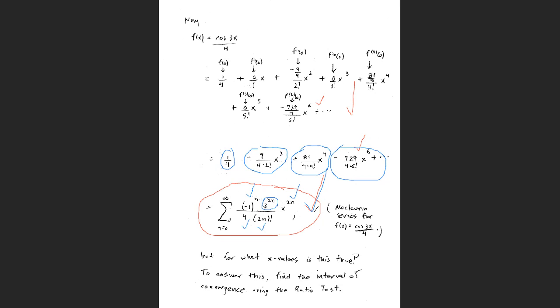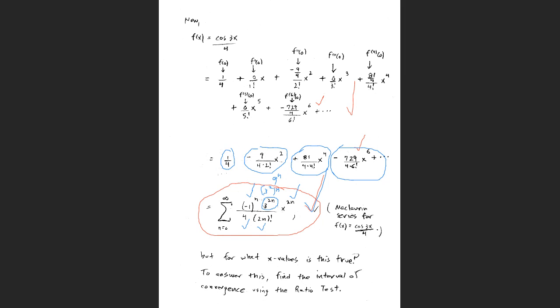Well, 3 to the 2nth power is the same as 3 squared raised to the nth power, and that's just 9 to the nth power.